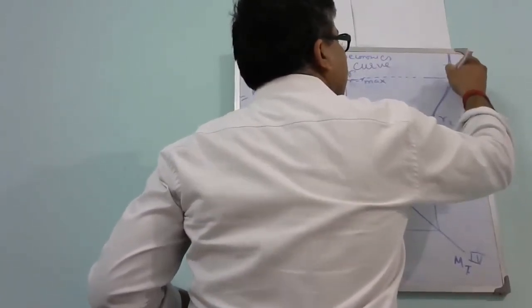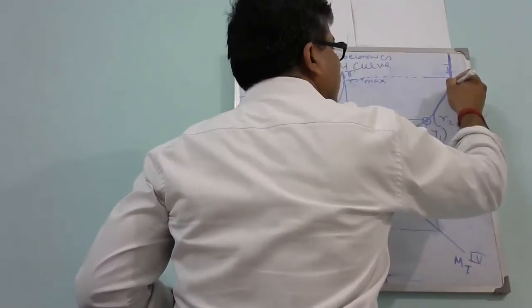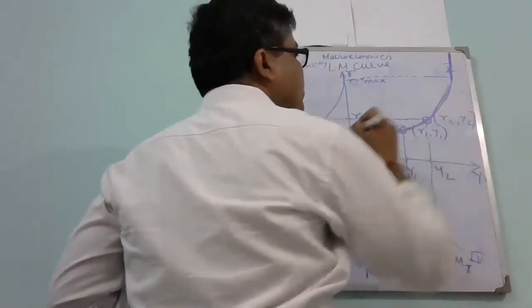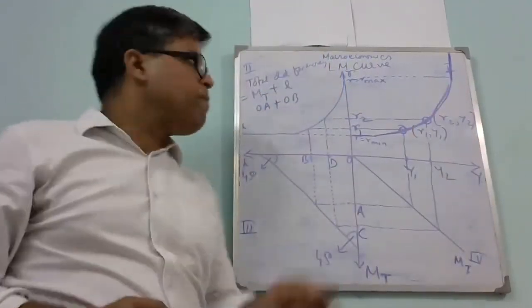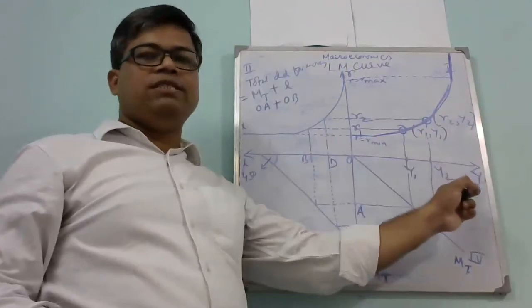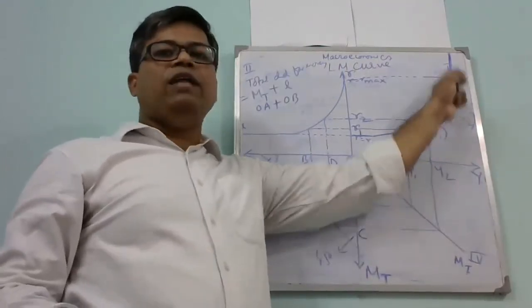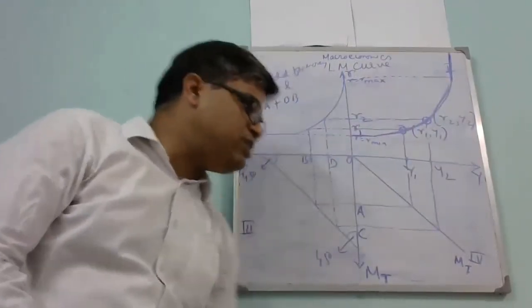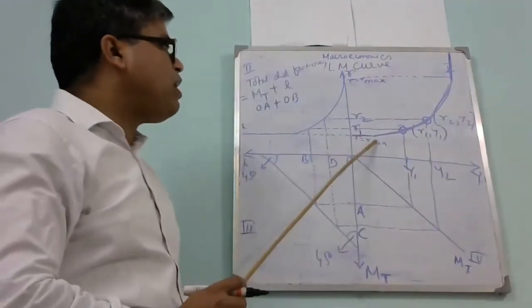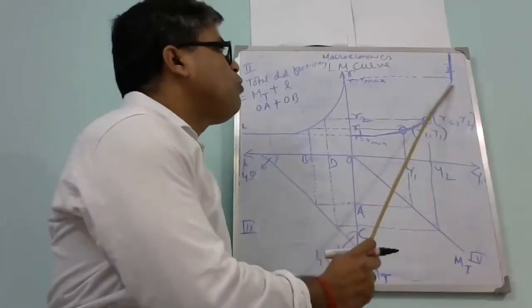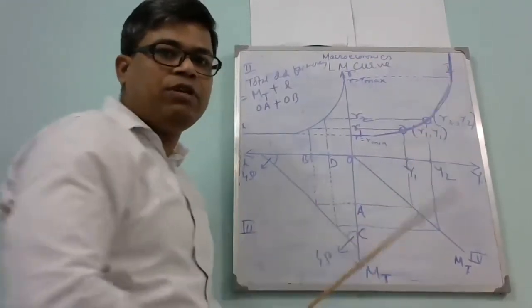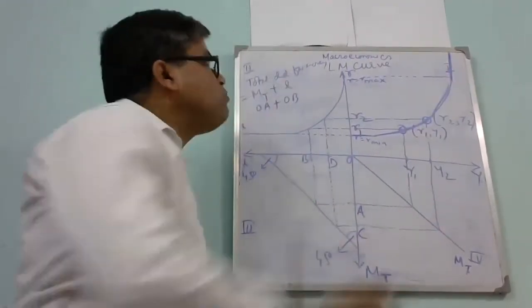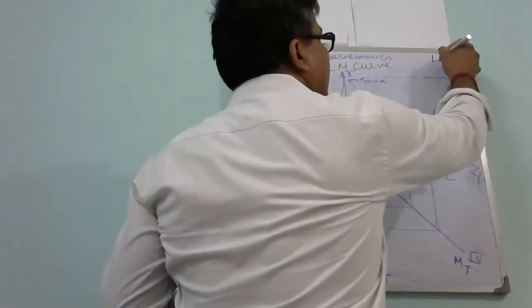So there are three different phases: parallel to this axis, then upward sloping, and then vertical. This becomes the LM curve.